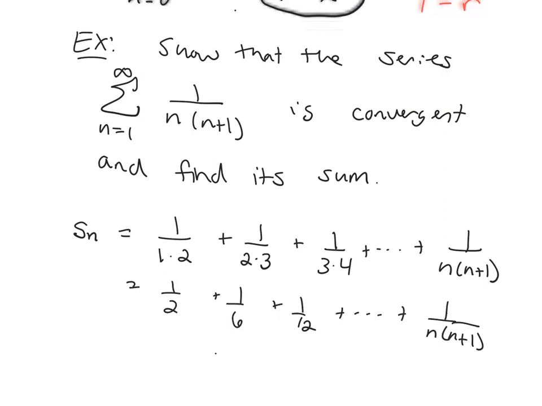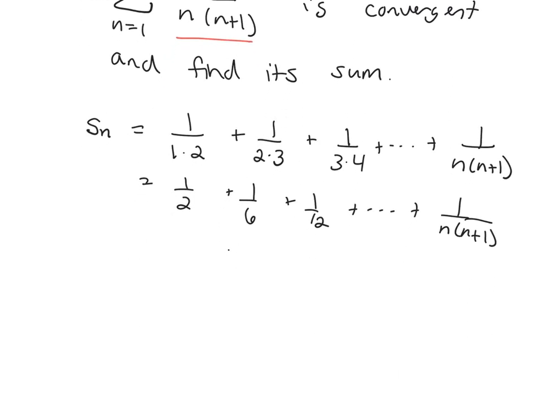So what I'm going to do is backtrack to the terms in this series, 1 over n plus 1. I'm using n for S sub n, so I'm going to switch to using I now, so I don't get confused. 1 over I plus 1.